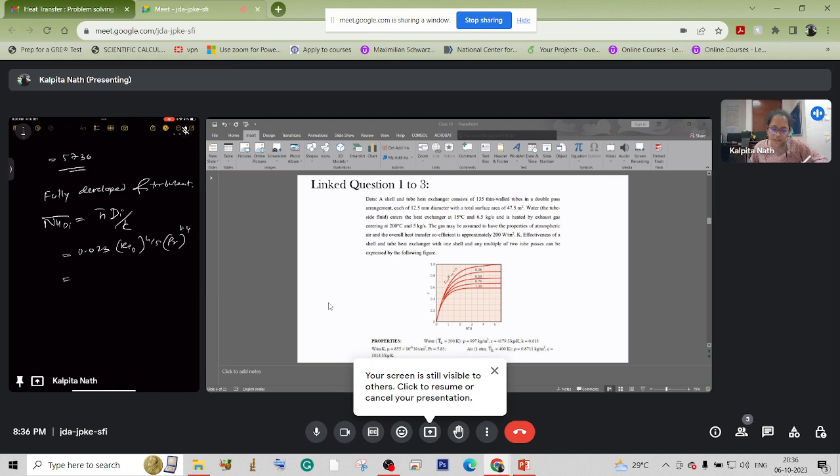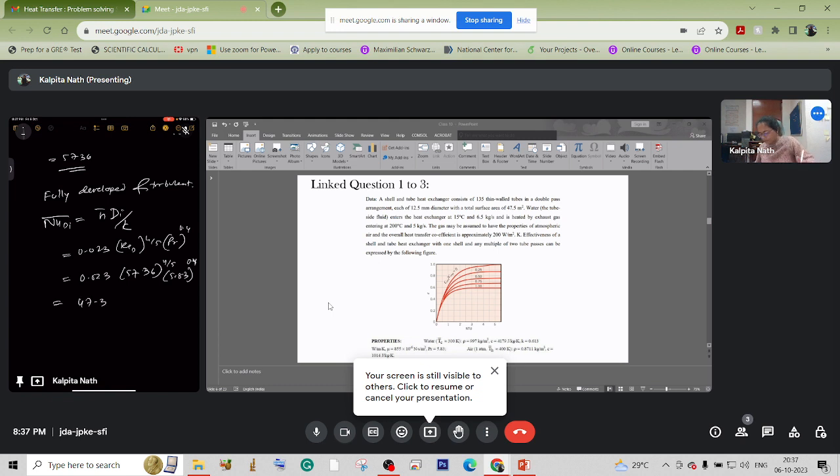For the tube side, the Prandtl number is given as 5.83. So 0.023, 5736 to the power 4 upon 5, and 5.83 to the power 0.4.